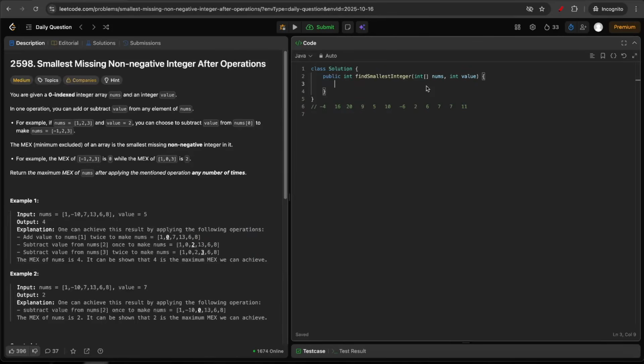Now let's quickly code the approach. So first I'm just creating a frequency array, and its size will be value, because it will store the numbers from 0 to value minus 1. So now let's iterate on the numbers.